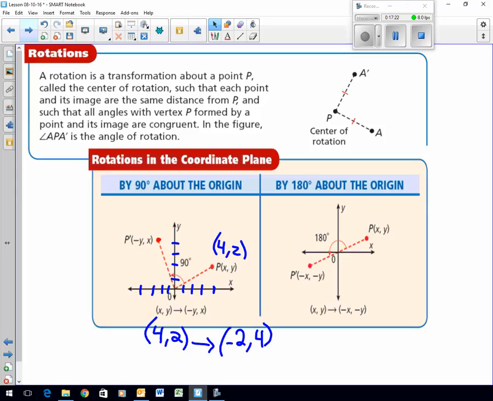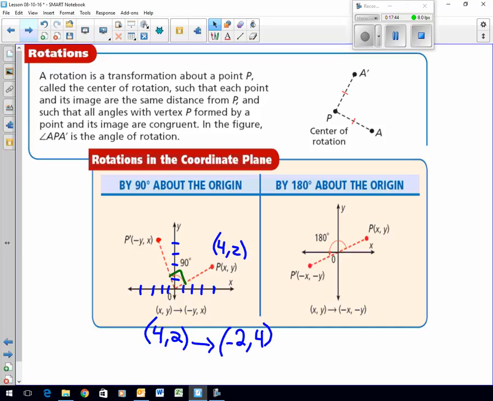How are we doing? Okay? Not okay? It's 90 degrees. So here's my 90 degree angle. It's hard to see because we're only doing one point. If I did 3 different points, you'd probably see it a little bit better.